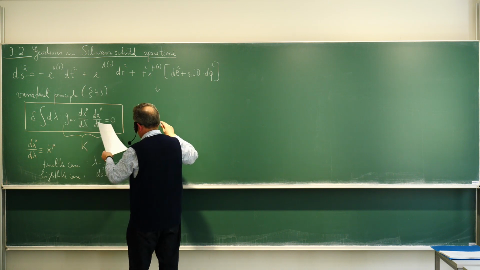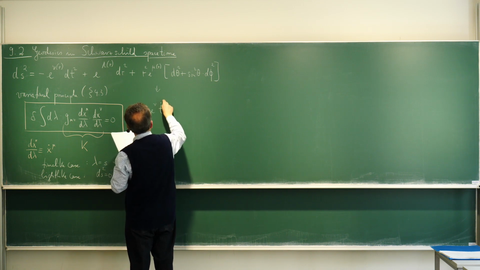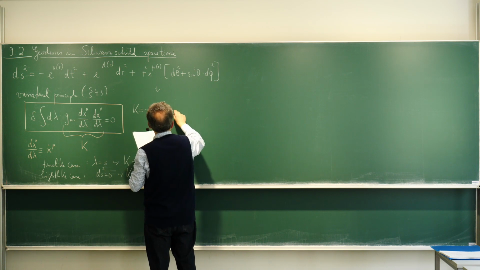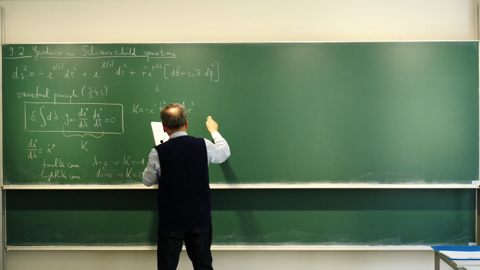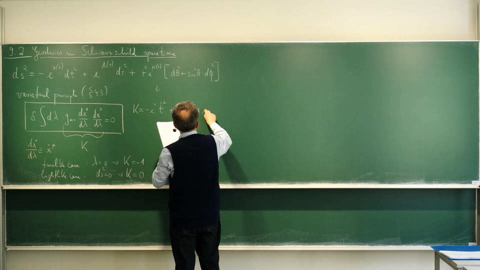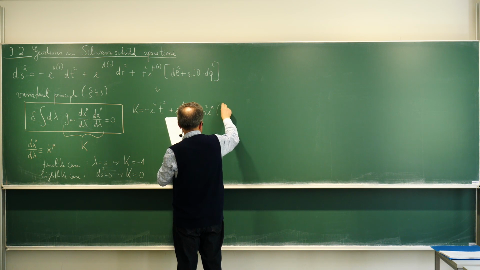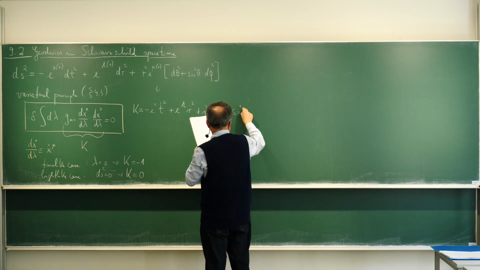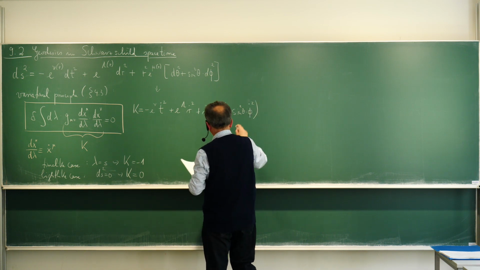You just have to insert: this here is minus e to the nu t dot squared, and this comes from this here. Then from the second term we have e to the lambda r dot squared, and then we have plus from this r squared e to the mu, theta dot squared plus sine squared theta times phi dot squared.